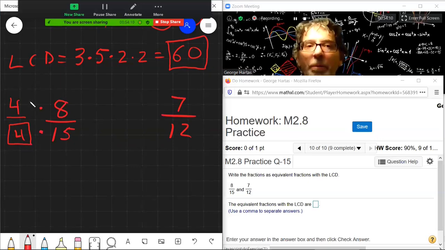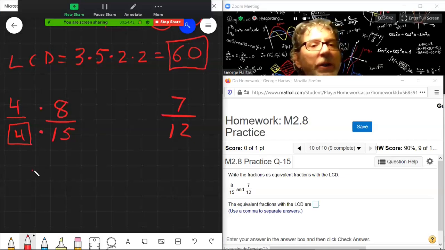We're bumping this fraction up to match the denominator of the LCD. We're multiplying it by something to match the denominators. It's like we're using a magnifying glass to zoom in, to make it bigger. We're blowing this up by a factor of 4 to get 60 down here. But whatever you do to the bottom, you got to do to the top, so that way the ratio stays the same. All right, so what do we got?